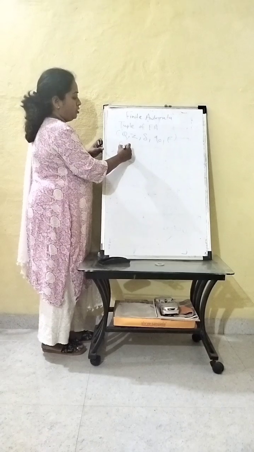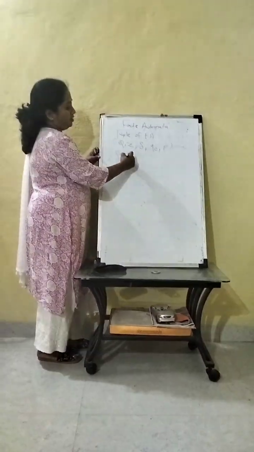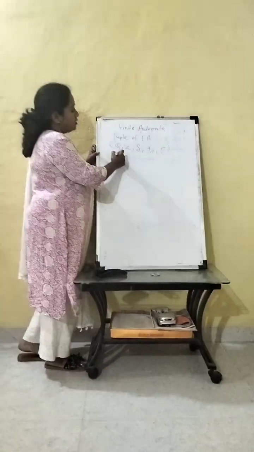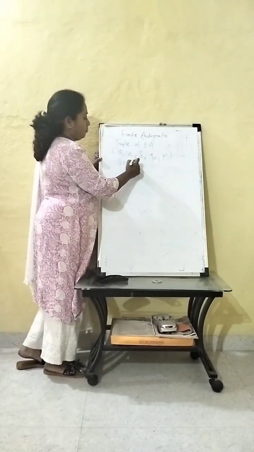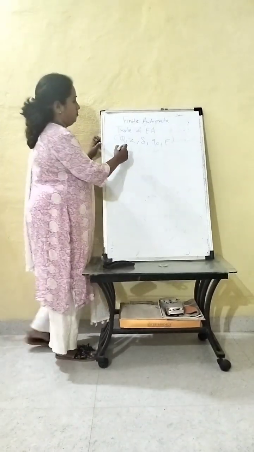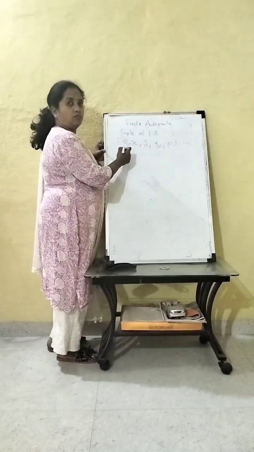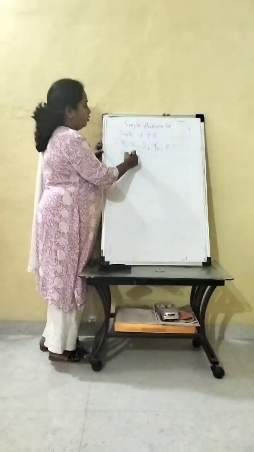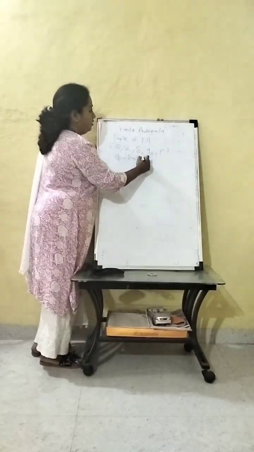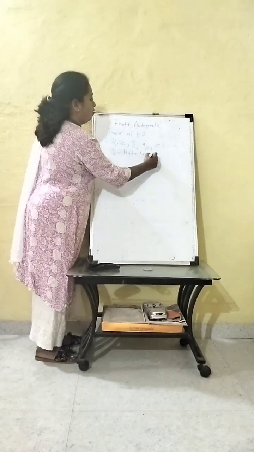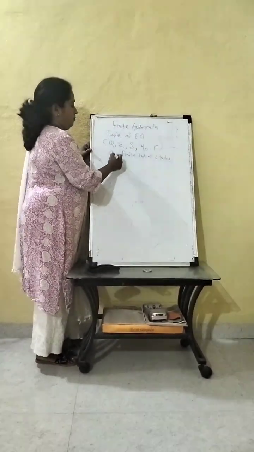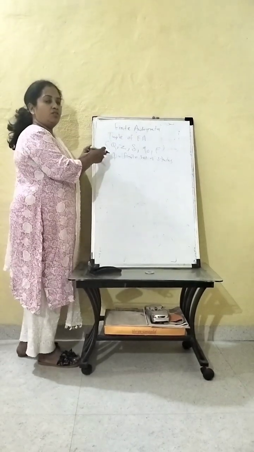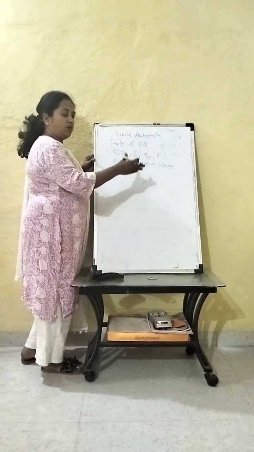Here Q is a finite set of states. We can use Q0, Q1, Q3 like this.